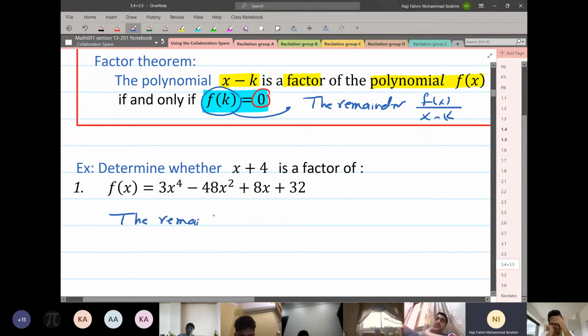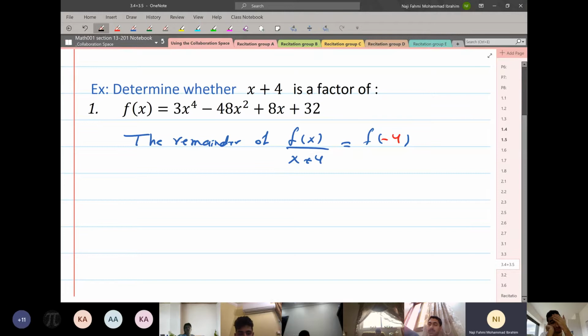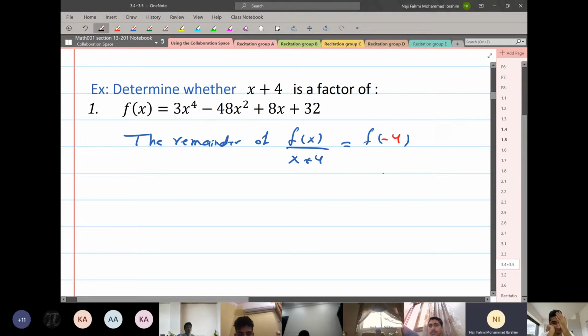The remainder of dividing f of x by x plus 4 is f of the zero of this divisor, which is negative 4. Is the substitution easier here or is the division easier? The division is much easier. So I want each one of you now to start dividing.